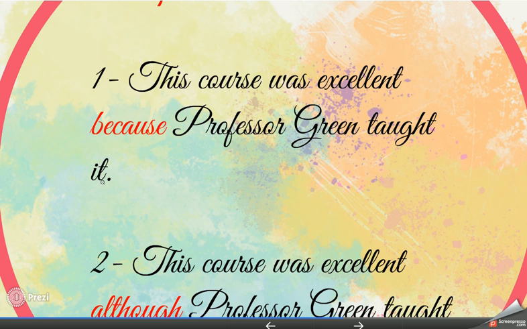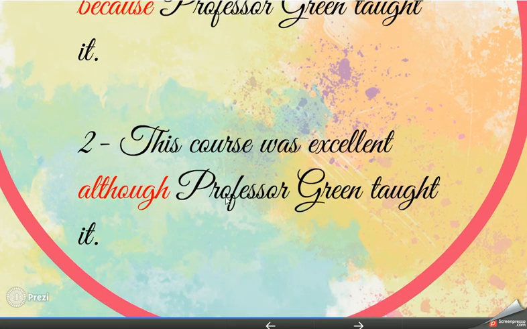It cannot stand alone. You cannot say 'because Professor Green taught it' and stop. We need something else, right? In this case, we need an independent clause. Well, this course was excellent, and you want to explain why, then you will add another idea: because Professor Green taught it.